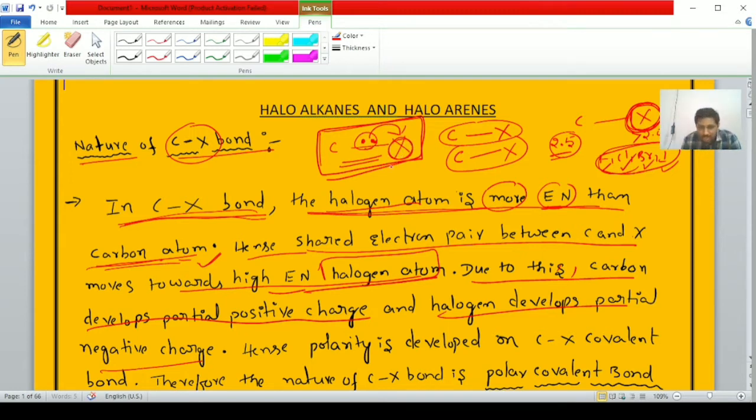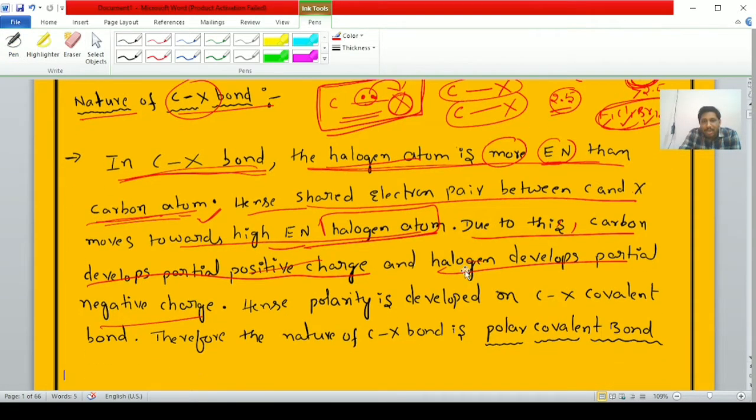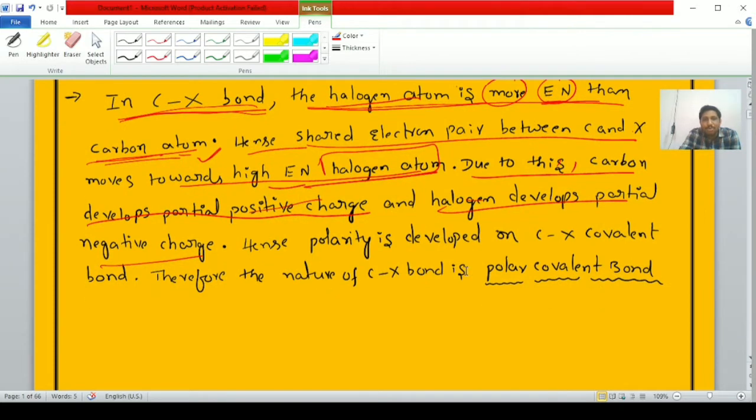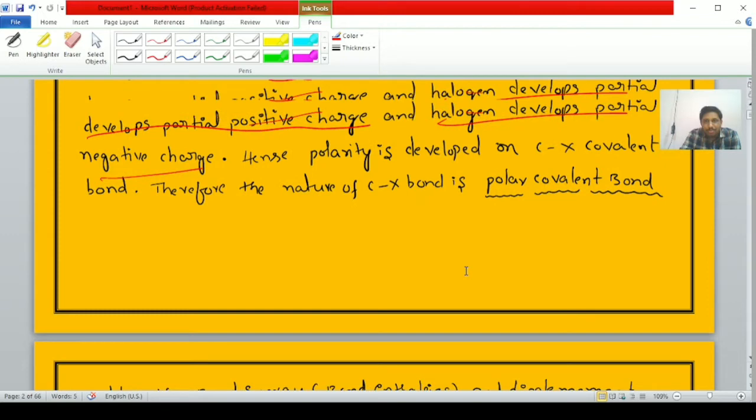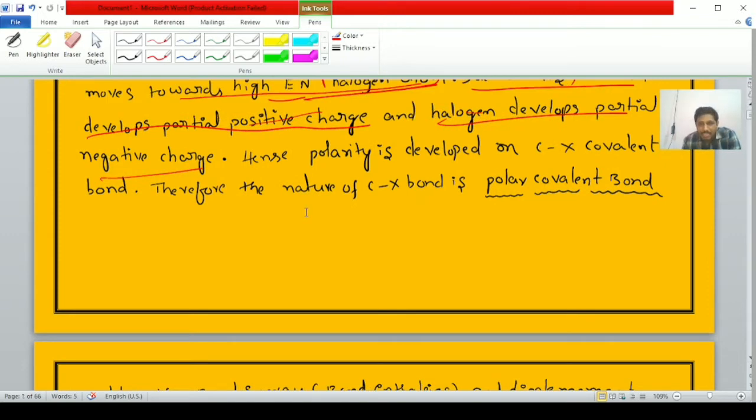Hence, polarity is developed in the molecule, on the carbon halogen covalent bond.